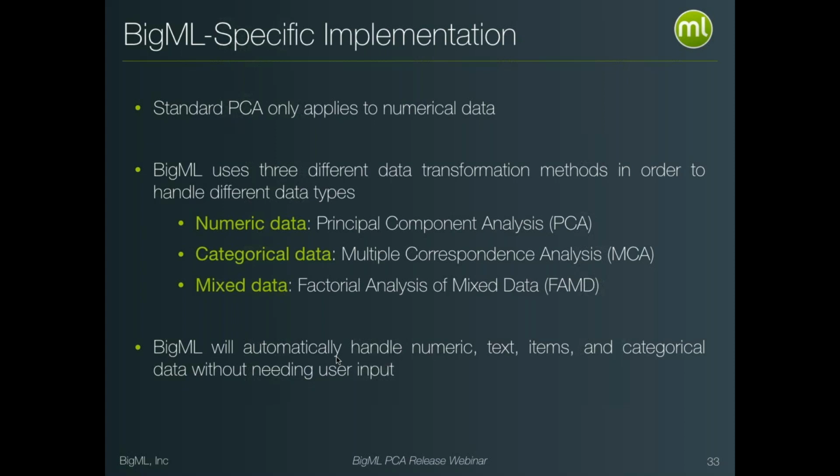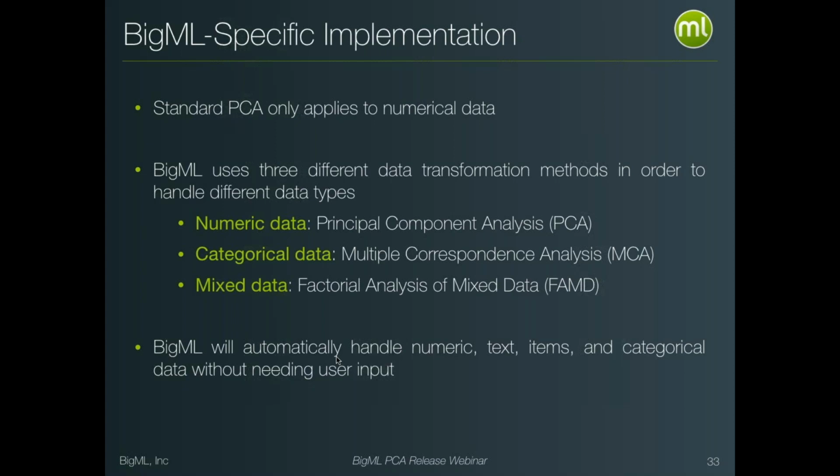So for numeric data, we'll of course use the standard PCA method, but for categorical data, we'll use a very similar, analogous approach called multiple correspondence analysis. And for mixed data, we'll be using an algorithm known as factorial analysis of mixed data.